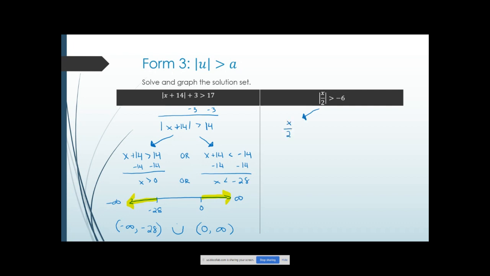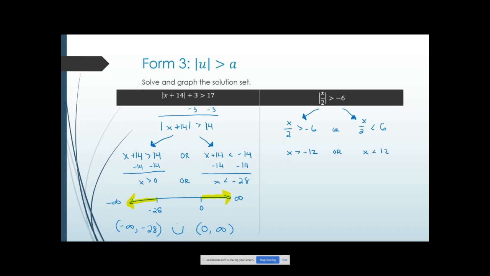We have x over 2 greater than -6 and x over 2 less than 6, because you're taking the opposite of your number, and that involves multiplying by a negative basically, so the inequality reverses direction. Now to solve both of these, we multiply both sides by 2 to get rid of that fraction. So I get x is greater than -12, or x is less than 12.